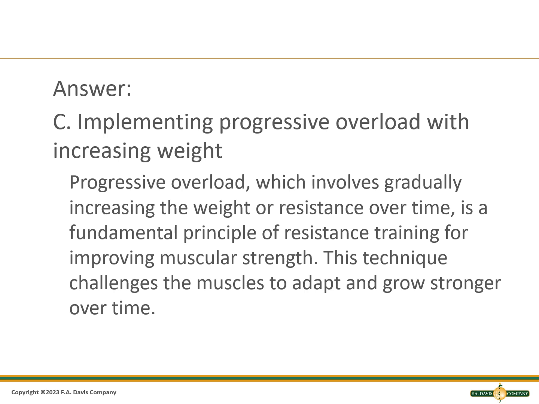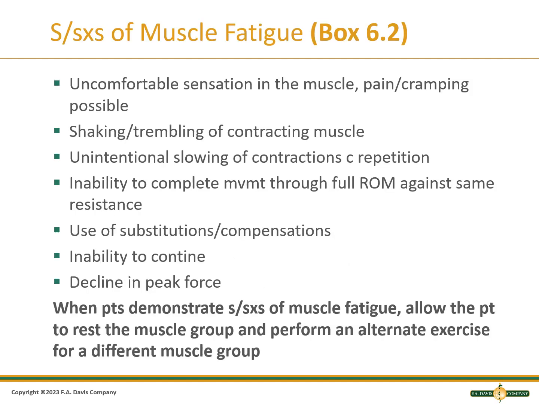We can't exclusively rely on eccentric muscle contractions to see strength gains. While we get greater strength gains from eccentric contractions, especially early on, they're not the way to maximize strength gains. The way to maximize would be implementing progressive overload with increasing weight.